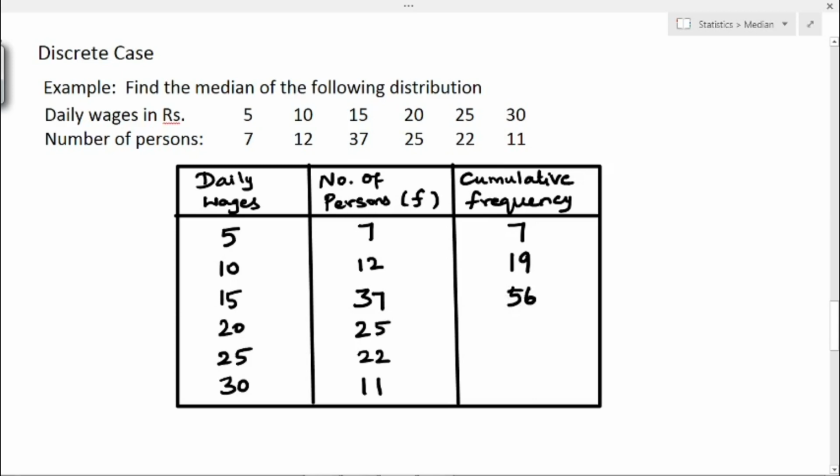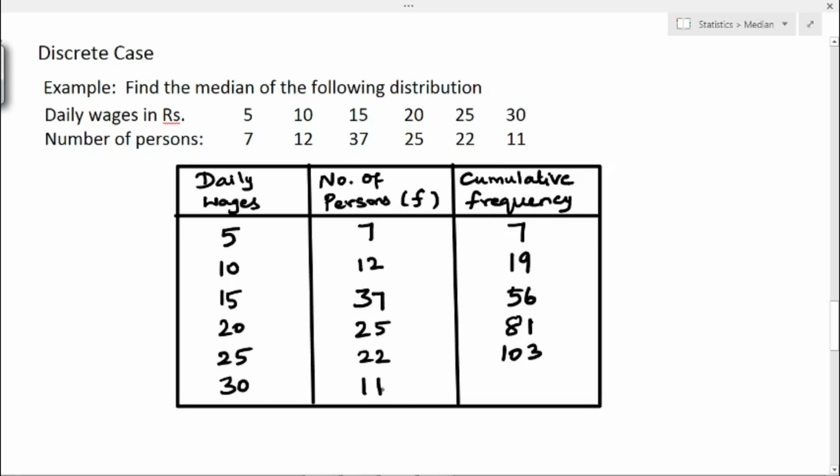Next we add 56 with the next value, 25. The total plus the next frequency value: 56 plus 25 is 81. Next, the total with the frequency value: 81 plus 22 is 103.